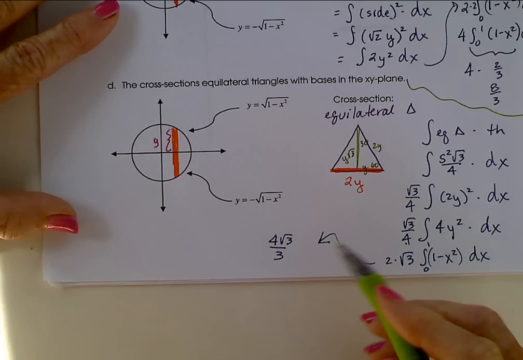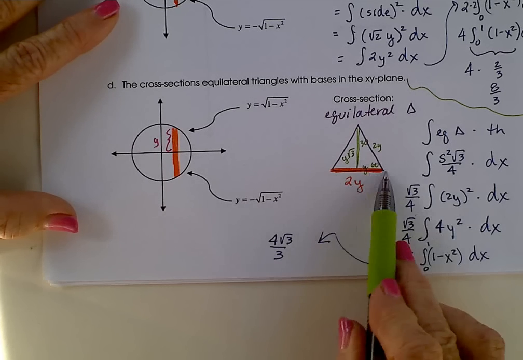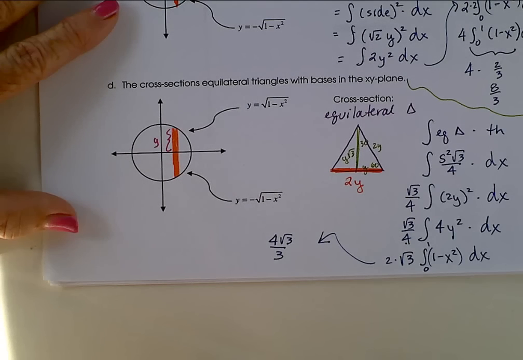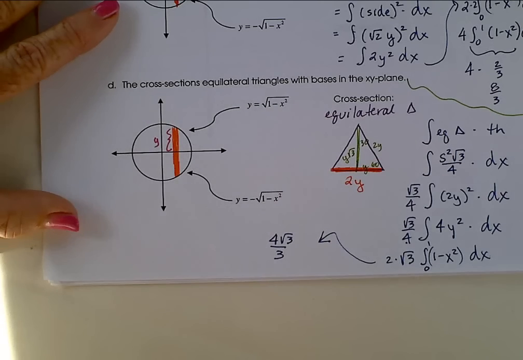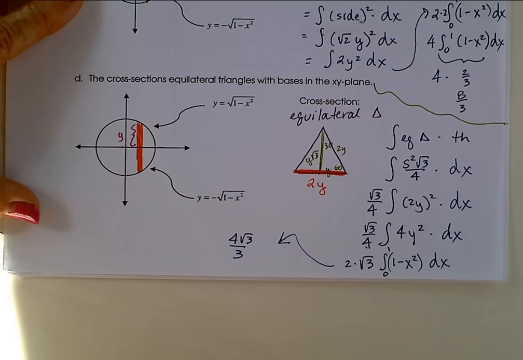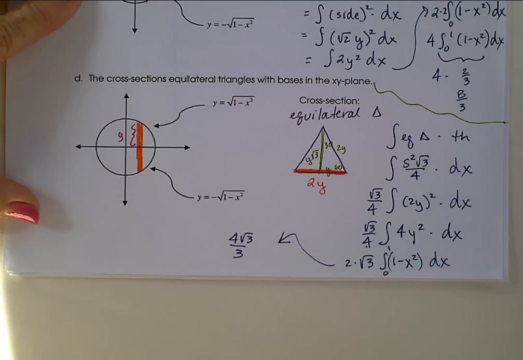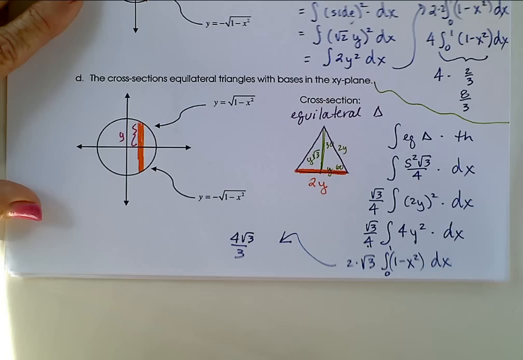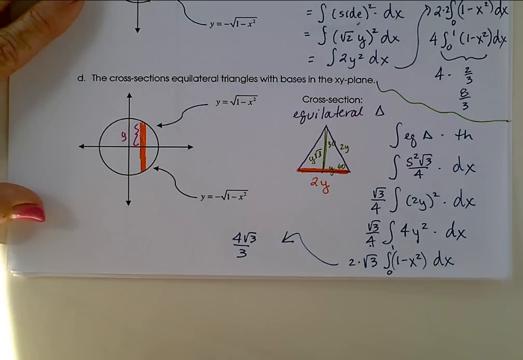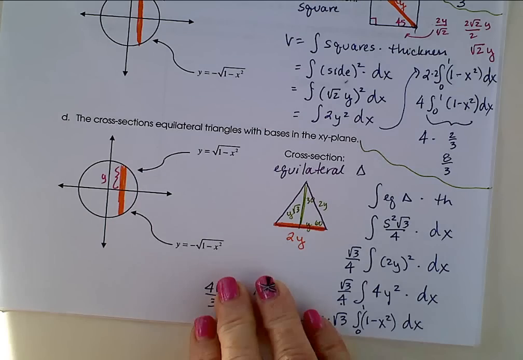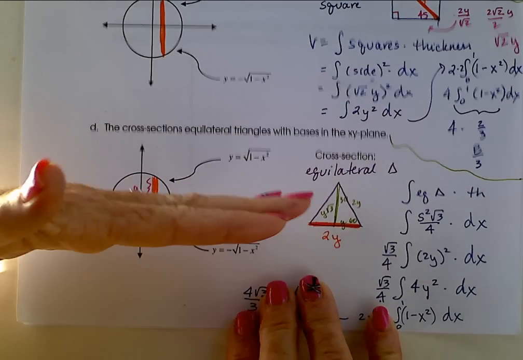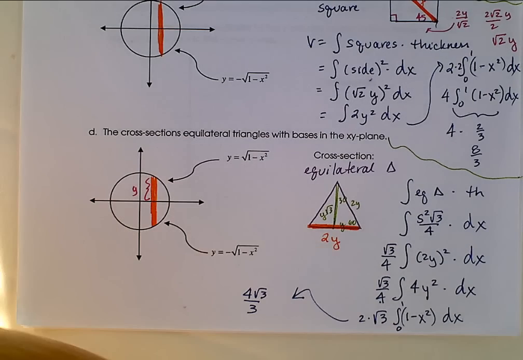And then 1/2 base 2y times height, y square root 3, and then work through and you should end up with the same thing. Alrighty. One more complicated one on the next page. We'll do elements of area that instead of being dx slices, they'll be dy slices. We'll take a look at those on the next page.